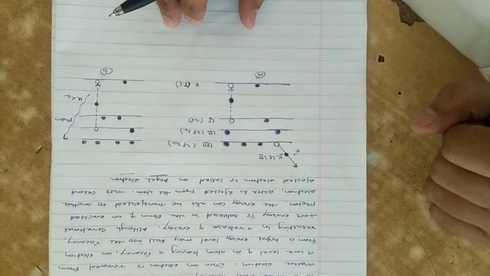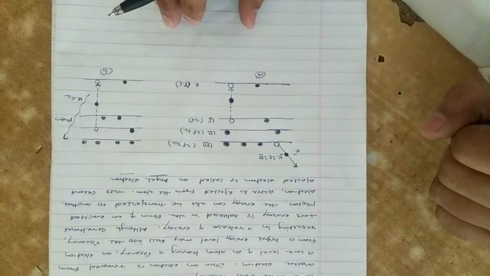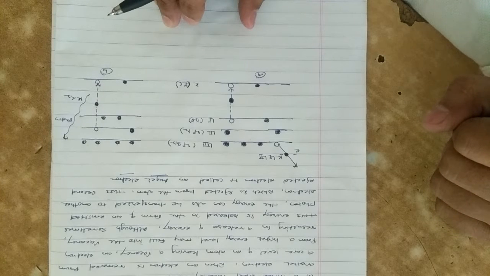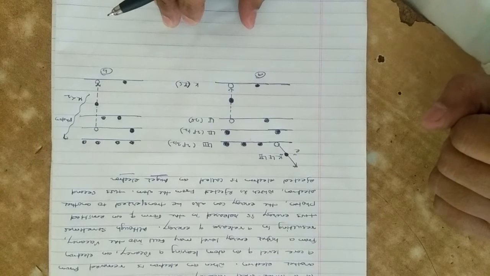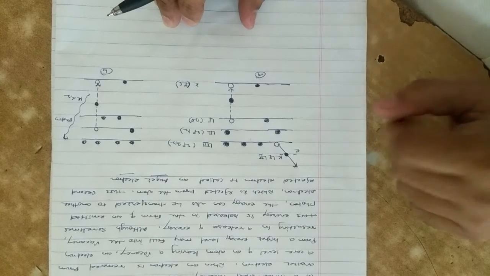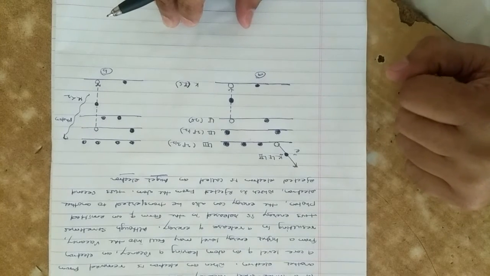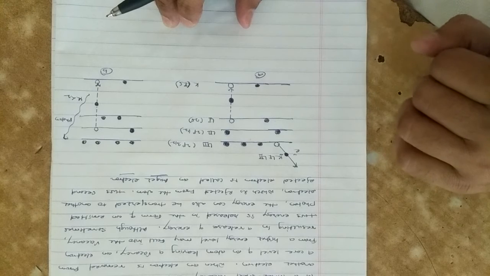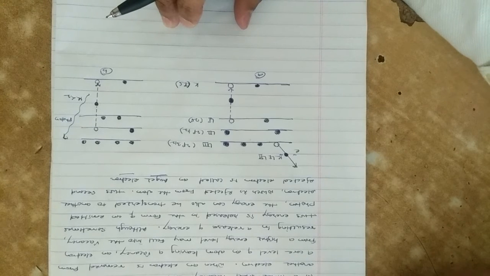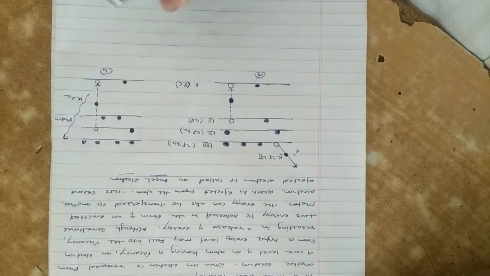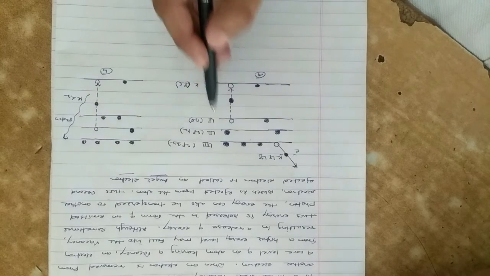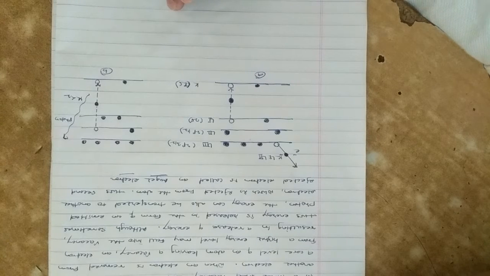By the absorption of an X-ray photon, the resulting vacancy in the K shell is filled by the transition of an electron from an outer shell. For example, this is the diagram, the L shell, which corresponds to a transition of an electron to the K level. This is the K level and this is the L level.